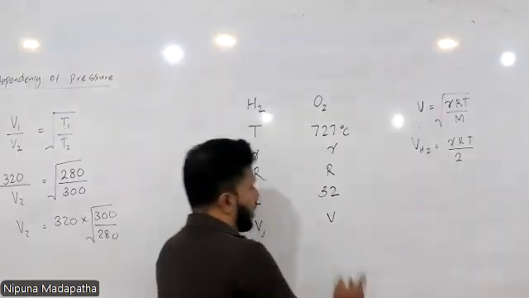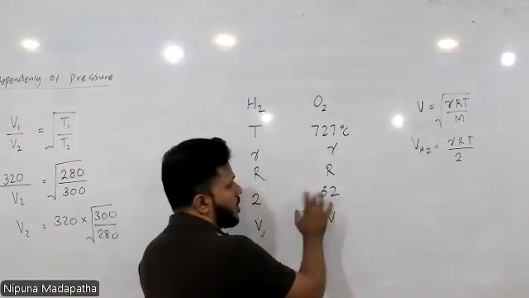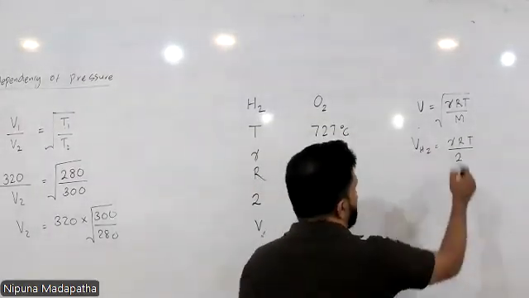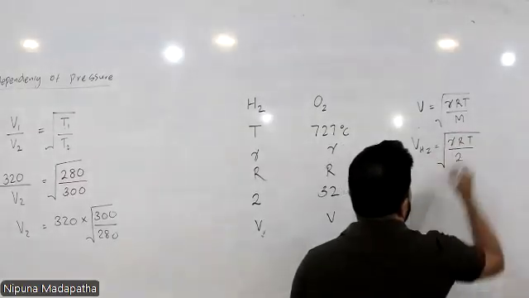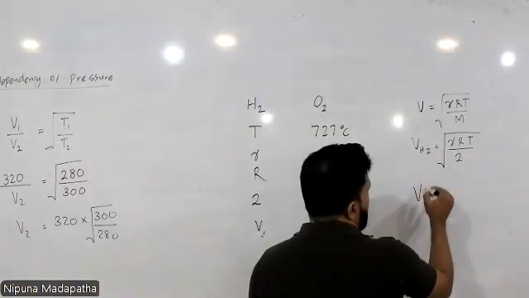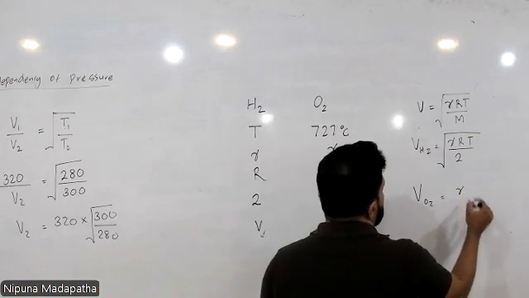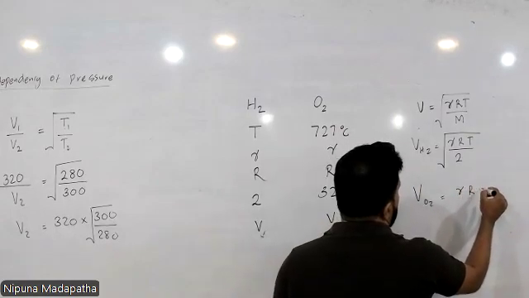We can write both molar masses in grams per mole. So this is VH2, and for VO2 gamma is the same, R is the same.